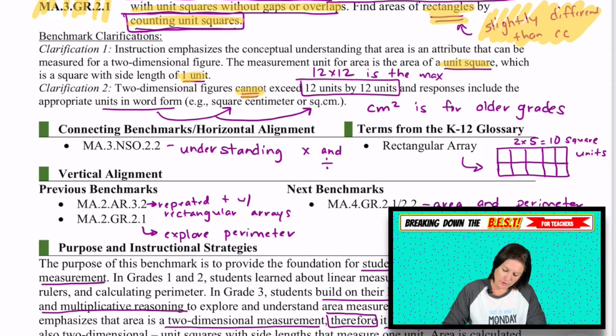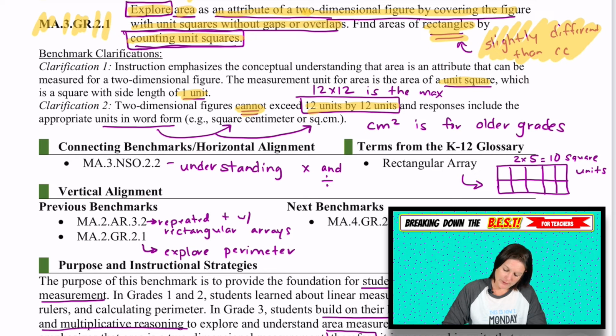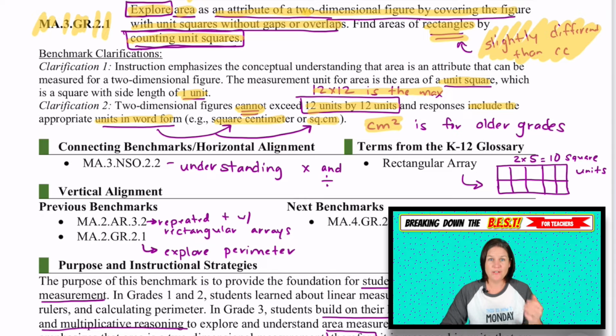Our two-dimensional figures cannot exceed 12 by 12 units, meaning that 12 times 12 is the max that we can go to keep it appropriate with our third grade standards, and to include the appropriate units in word form like square centimeter, abbreviated just like that. Using centimeters squared like this is for older grades, so we're not going to really bring that up right now. We want to really focus on the words square centimeter, or sq for square, and cm for centimeter.